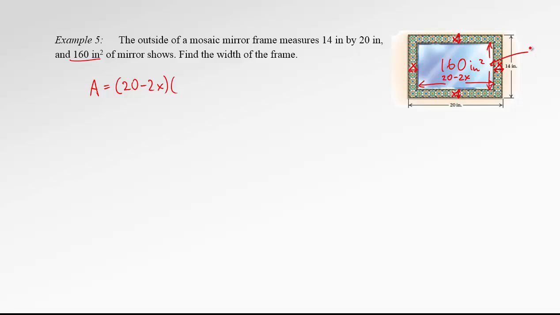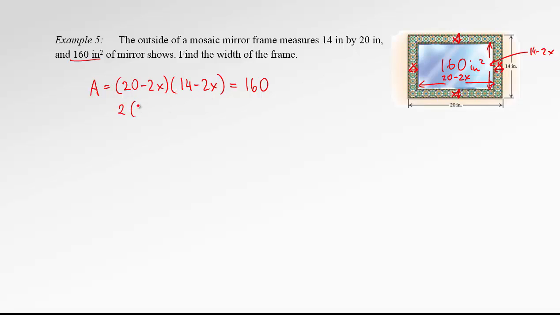So this distance is 14 minus 2x. Okay, 14 minus 2x here. And this area is given to be 160 square inches. So here's our equation. We need to solve it for x. Since the numerical coefficients are all divisible by 2, it's useful to factor the 2 from each of these two brackets.